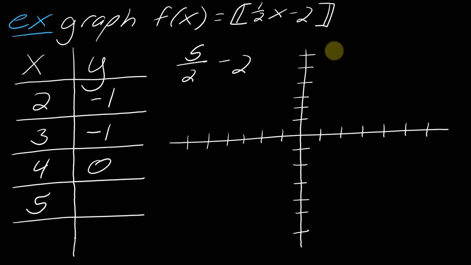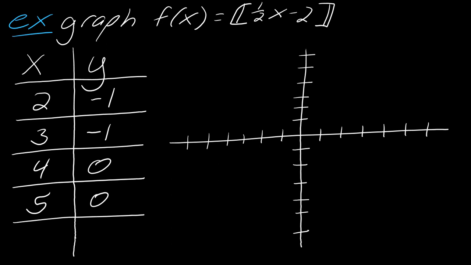So 5/2 is 2.5 minus 2, which equals 0.5. The greatest integer that is less than or equal to 0.5 is 0. So you can see how this is shaping up. I think I can probably graph this now. I just have to think through the details.